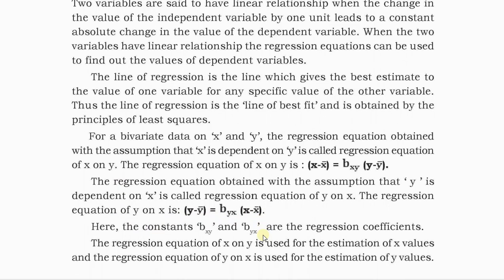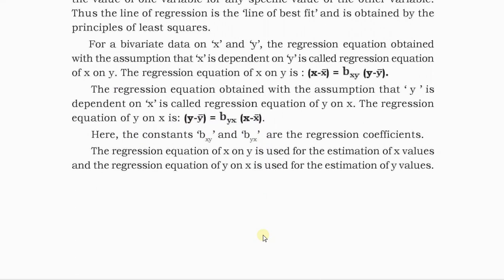Here the constants bxy and byx are the regression coefficients. So bxy is the regression coefficient of x dependent on y and byx is the regression coefficient of y dependent on x. The regression equation of x on y is used to estimate the x values and the regression equation of y on x is used to estimate the y values.